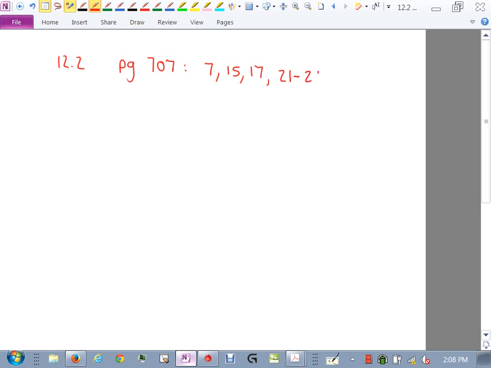This is a lot. 21 through 29 odd are good problems just to get used to interpreting the word problem and drawing things out. It's kind of like what we just did, that last problem. And then 37, 39. Oh, wait, hold on. No, scratch that. 43, 45. Those two problems are where you reverse the order of integration. Okay. That's it.